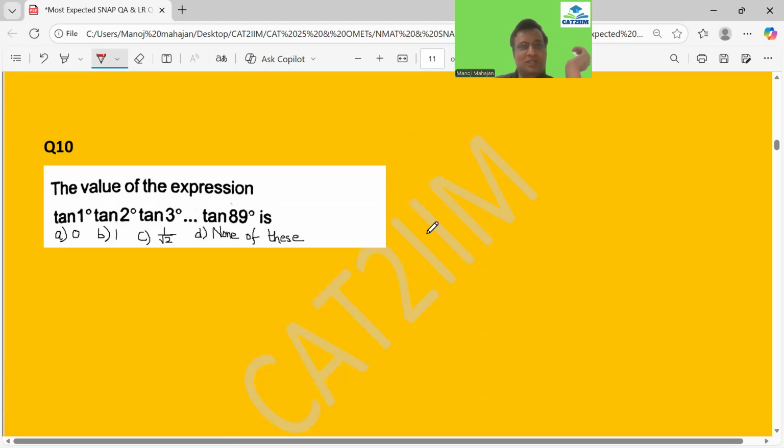So if you look over here, this is on the concept over here. You should be aware that tan theta is 1 upon cot theta, right? So cot theta, tan theta multiplication is what? 1. And one thing we should be aware of is that tan 90 minus theta, basic trigonometry we should be aware of, right? Is nothing but cot theta.